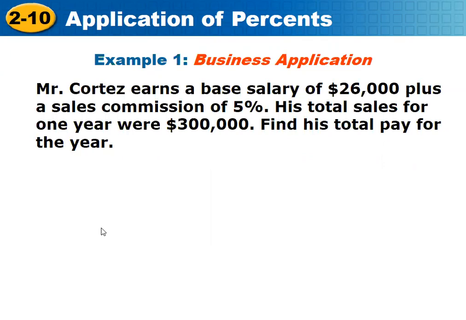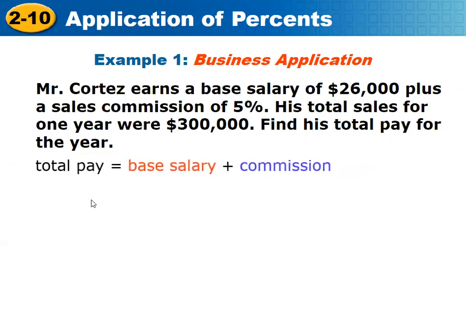Then, write the formula for total pay. So we want to know the formula for the total pay, which is total pay equals base salary plus commission. Where is the base salary in this question? Mr. Cortez earned a base salary.